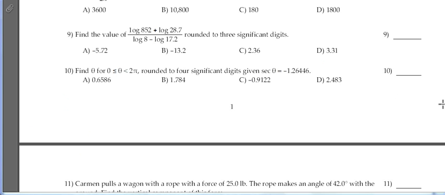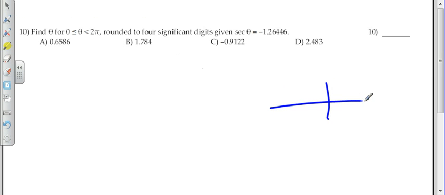this is a secant problem. Isn't that lovely? 4 significant digits, and we want 0 to 2 pi. All right. So the first thing we would say is this is going to follow a cosine guy that looks like that, and the secant function goes like this.